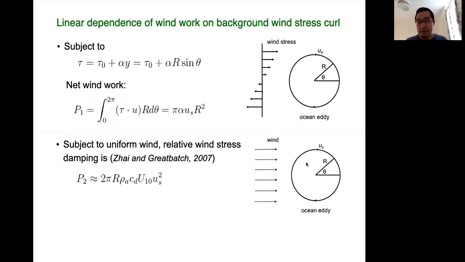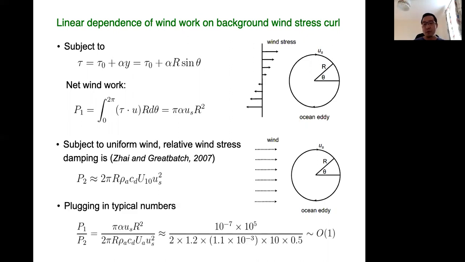For the same eddy, if it is subject to a uniform wind field, the relative wind stress damping can be scaled as this term, from the paper I had with Richard, from my thesis. This is the relative wind stress damping, P2, and P1 is associated with wind stress curl.